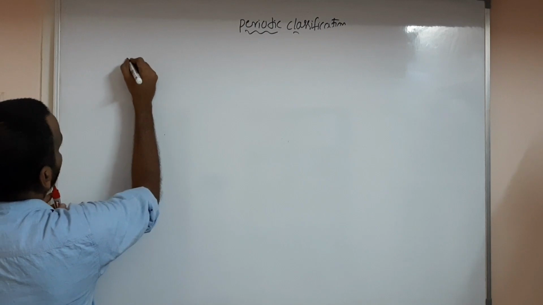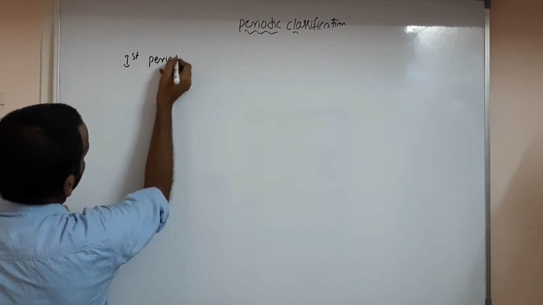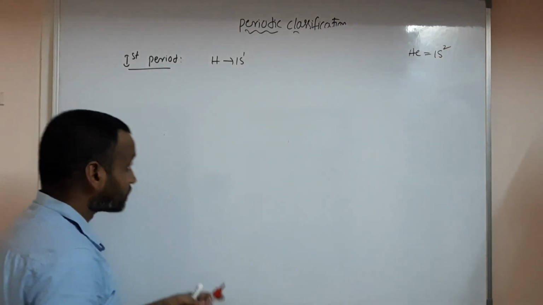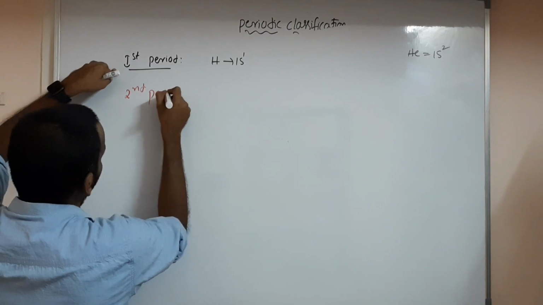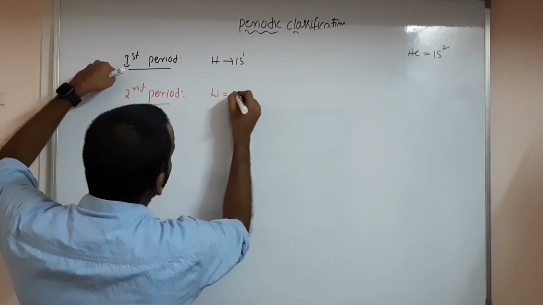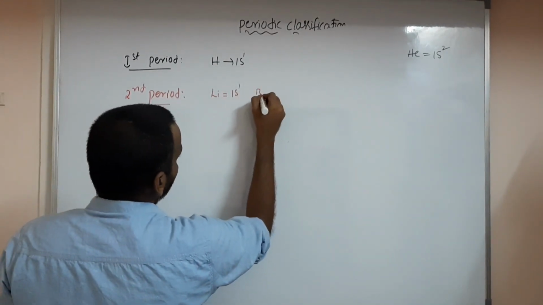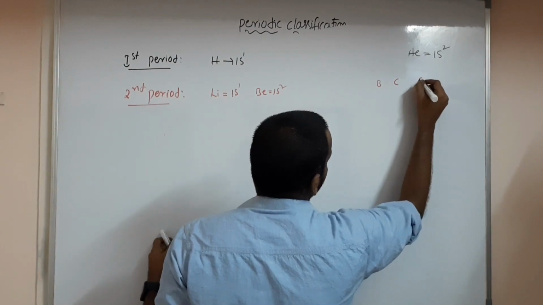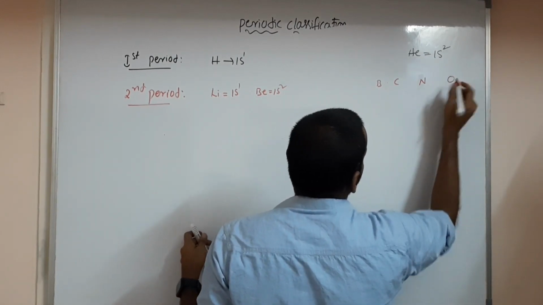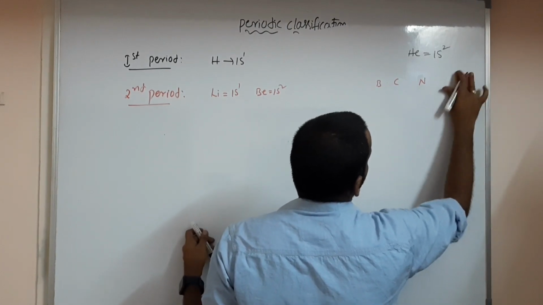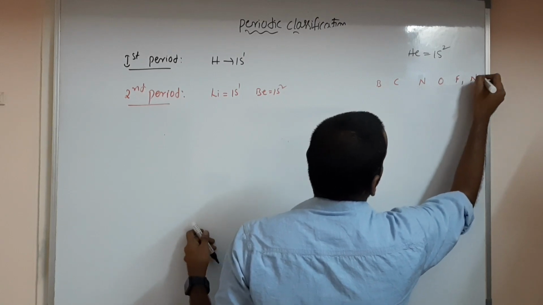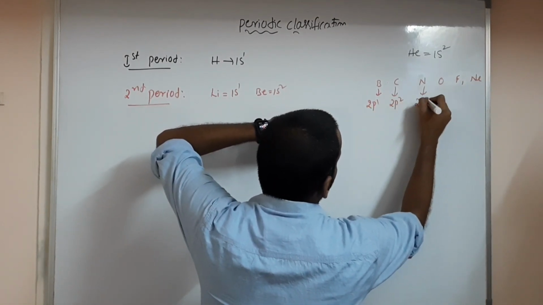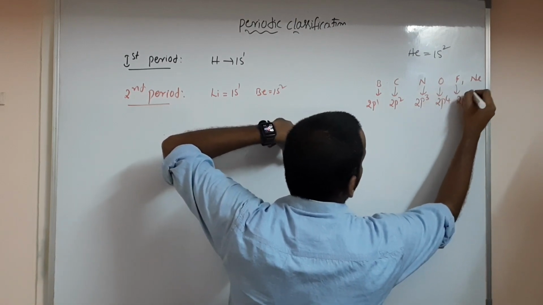If you see the first period, you have hydrogen as 1s1 and helium as 1s2. The second period starts with lithium, 2s1, and next beryllium, 2s2. Next come boron, carbon, nitrogen, oxygen, fluorine and neon, which are 2p1, 2p2, 2p3, 2p4, 2p5 and 2p6.